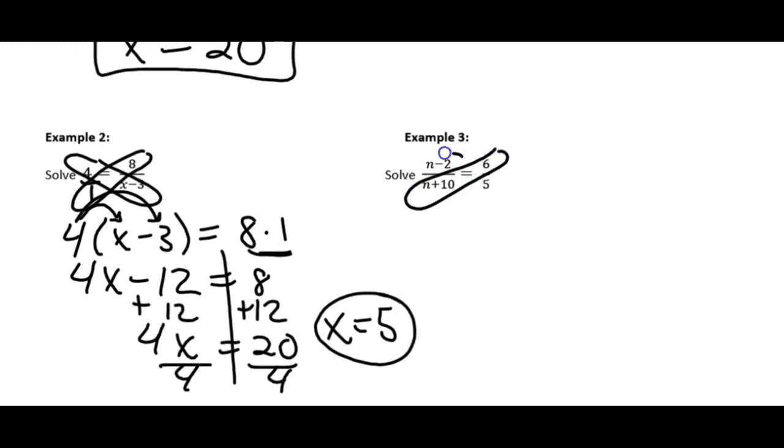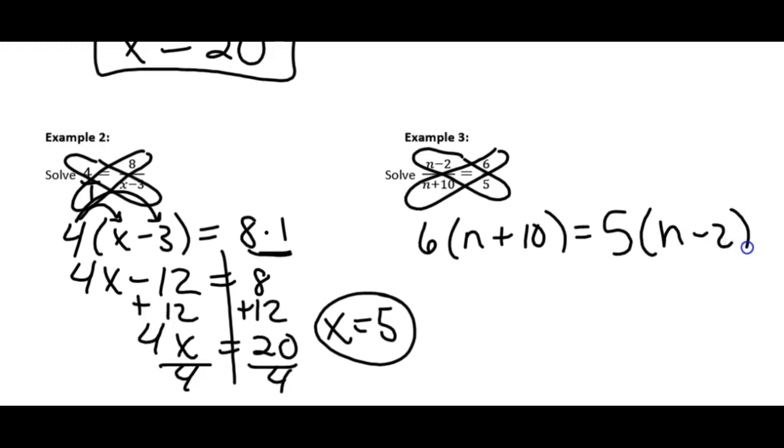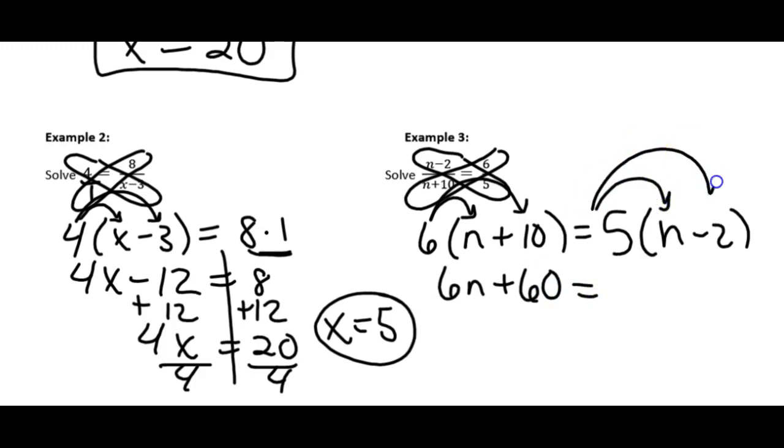Number 3, we're going to get a little bit more complicated now. Still cross products. We're taking 6 times n plus 10 equals 5 times n minus 2. Now we have to distribute on both sides, which is what we covered last class, looking at variables on both sides. Now I'm going to distribute. 6n plus 60 is equal to 5n.